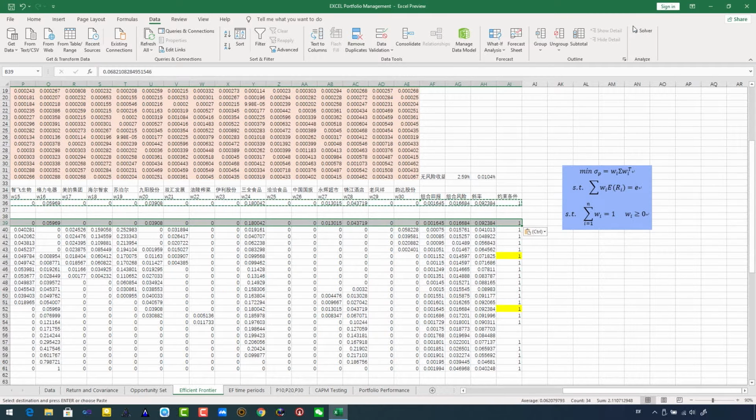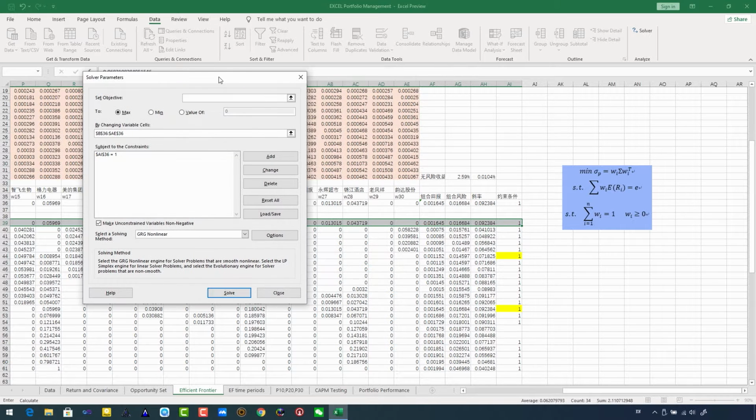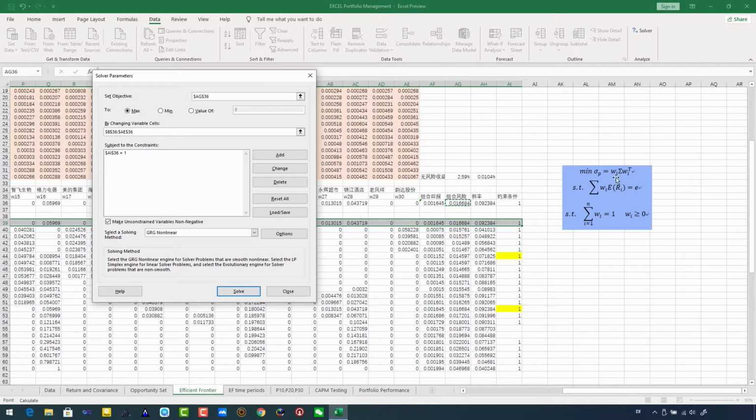So let me show you how we do the second step. You click Solver. Now the objective is not to maximize the slope. Here we want to minimize the risk. So based on this blue part, remember, minimize the portfolio risk. So we select the portfolio risk and then select minimize.